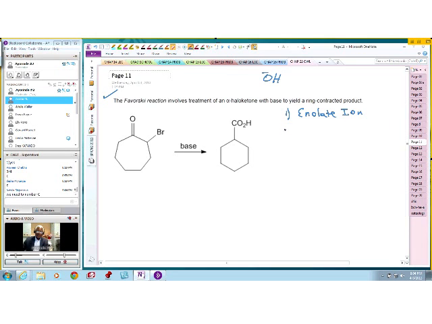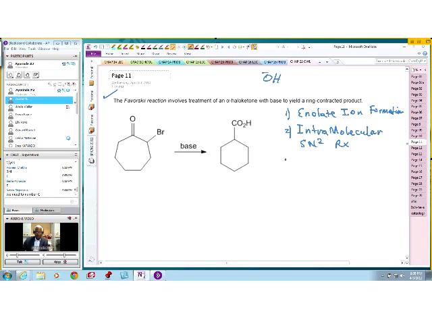Then 2, once we form the enolate ion, we are going to do an intramolecular SN2 reaction formation.